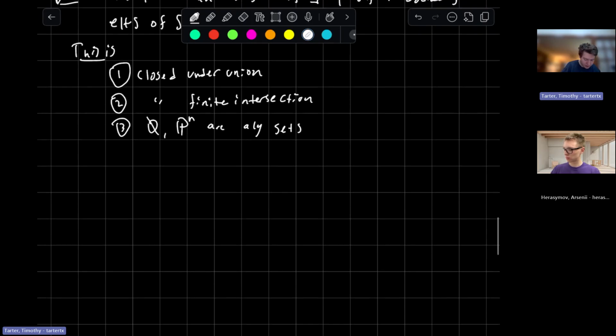And once again, we can define the Zariski topology.